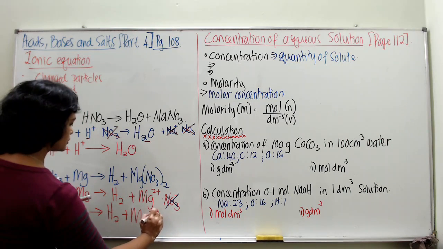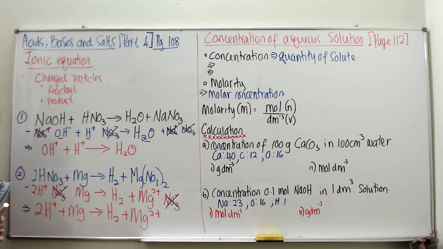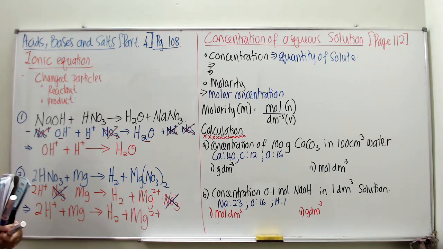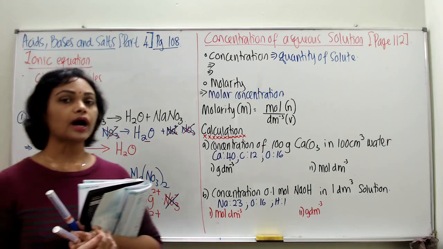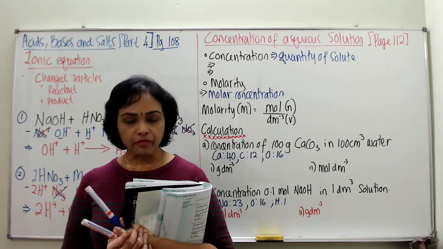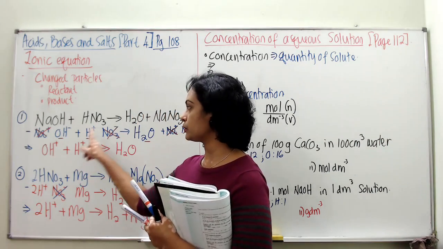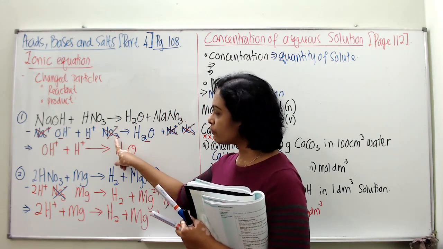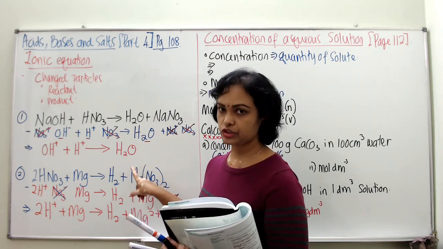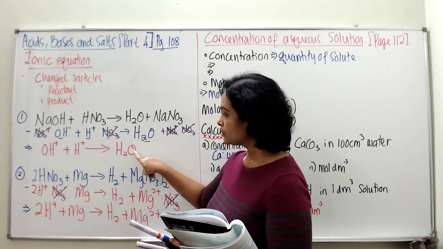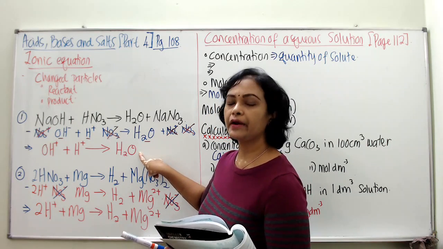So this is how you write the ionic equation for the substance. Please remember, ionic equation is actually derived from the chemical equation. So you can't produce ionic equation before deriving the chemical equation. You must write down a balanced chemical equation. Then from there you find out who has changed. For instance, hydroxide and hydrogen ion are no more in the form of hydrogen and hydroxide ion. Can you see?